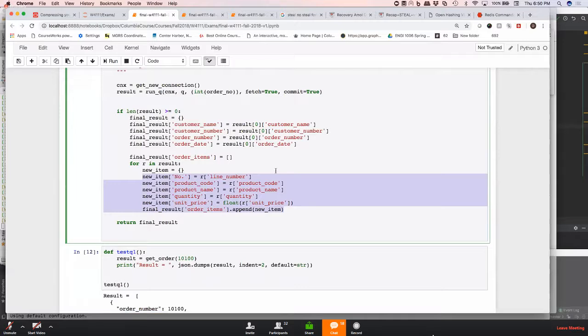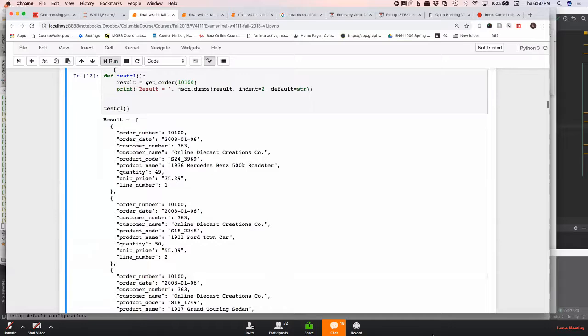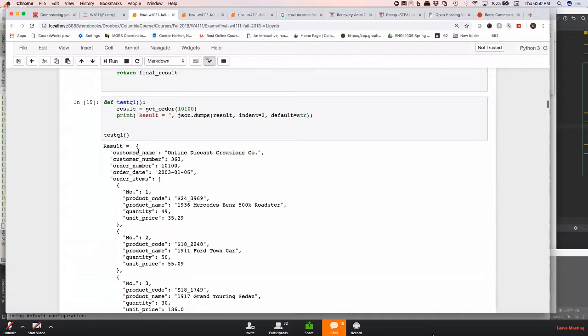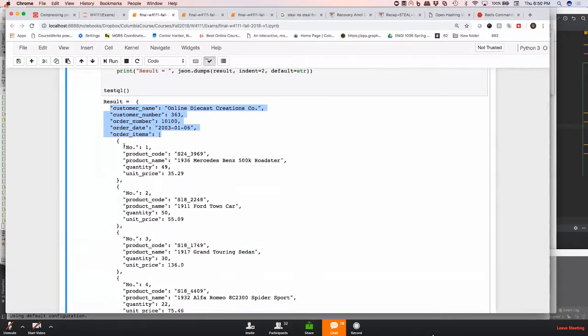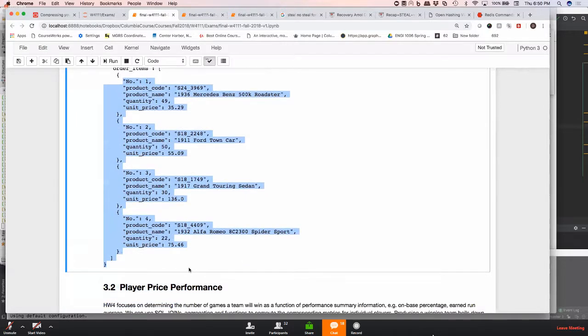You can see the common things appear once, and all that happens in the repeating section are the things specific to the order details. So you can get it with one query, but you have to post-process it.